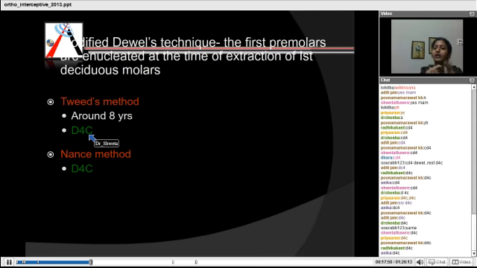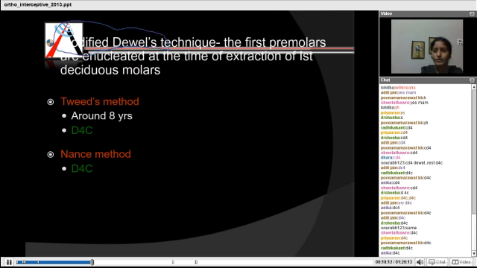Secondly, they do not want early eruption of the permanent canines. They want to delay the eruption of permanent canines as much as they can. So they keep the primary canine in that place only. Later on, after D and 4 have been extracted, they extract C.